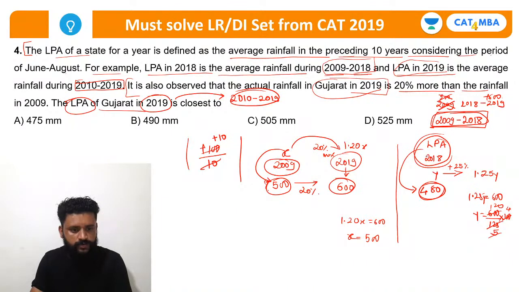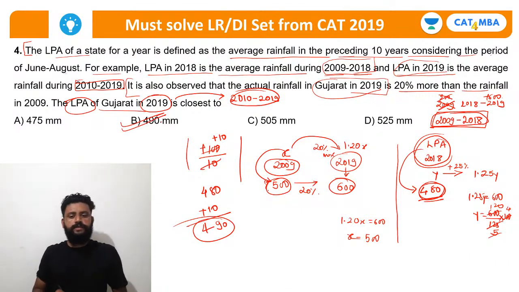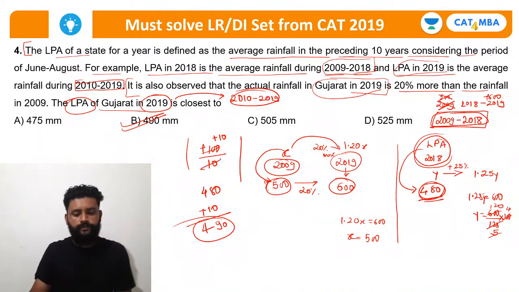So LPA 2018 was 480 plus 10, it should be 490. That's 490. So this one was slightly tricky to solve.